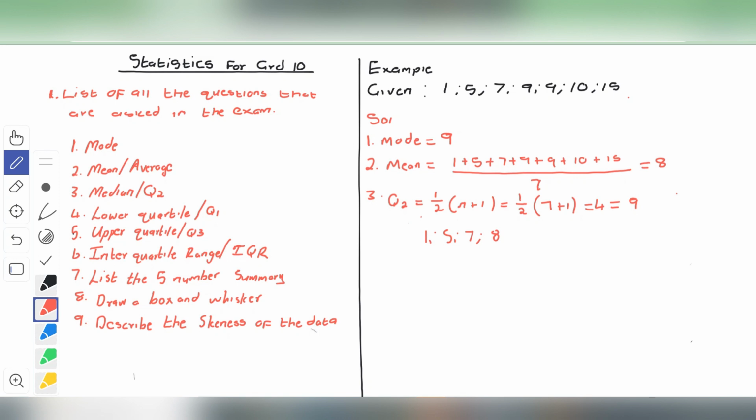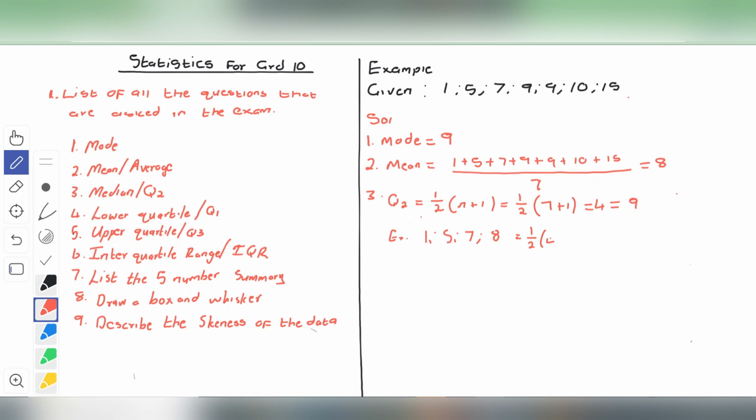Let me write an example here. If we're instructed to find the median of 1, 5, 7 and 8, we know that we're going to use that formula, which is 1 over 2 into the total number of the data set that we have here. It's 1 2 3 4.